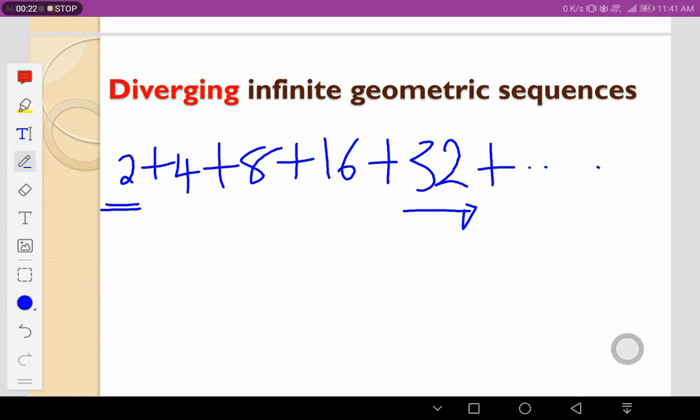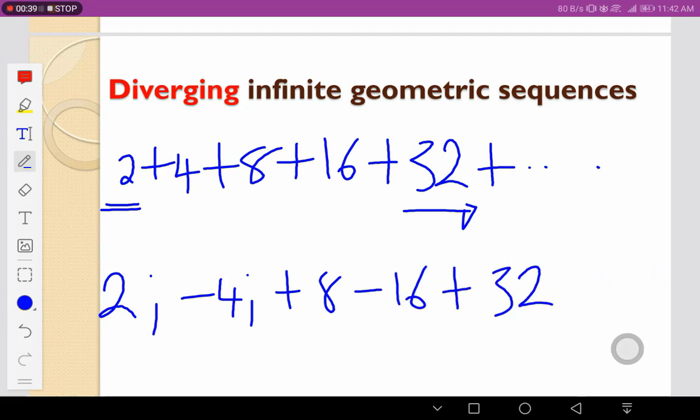We can also have one that is becoming smaller and smaller, for example 2 minus 4 plus 8 minus 16 plus 32 minus, and so on. For the diverging infinite geometric series, we cannot calculate their value. It is difficult for us to calculate their values.